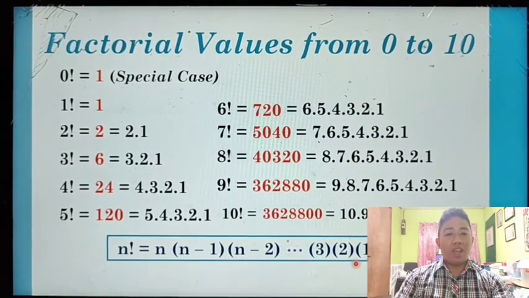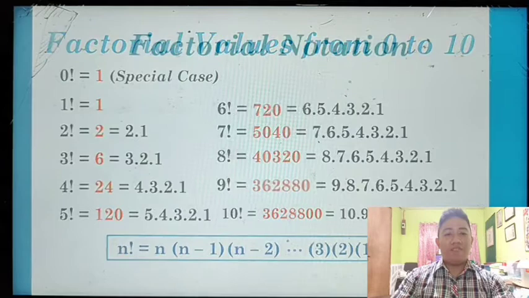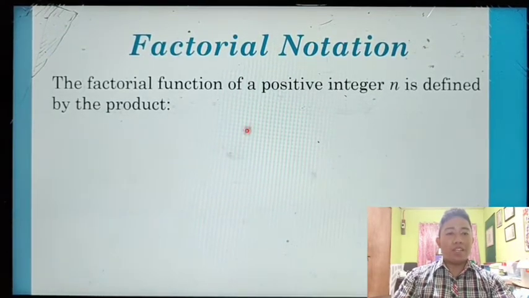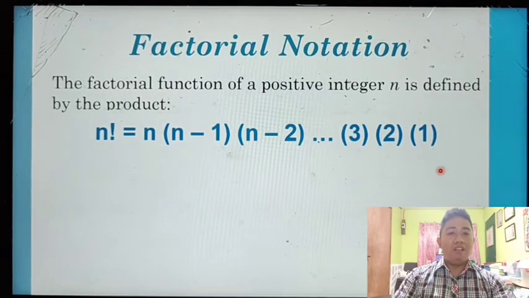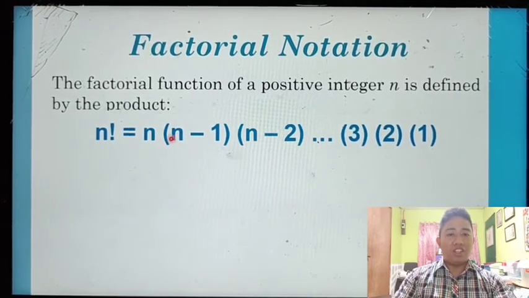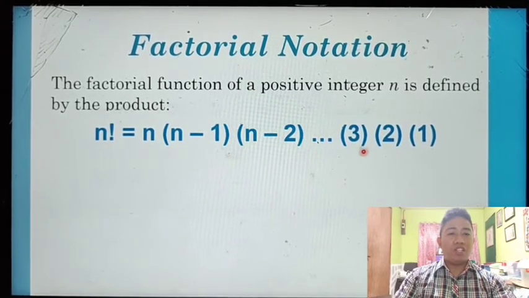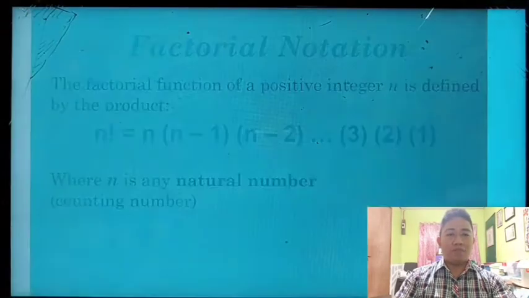So there are some ways that you can omit the number 1 as the last factor in the given factorial. Again, the factorial function of the positive integer n is defined by the given product. So this is the formula for factorial notation: n multiplied by n minus 1, n minus 2, until it reaches 3 times 2 times 1, or until 3 times 2, where n is any natural number.